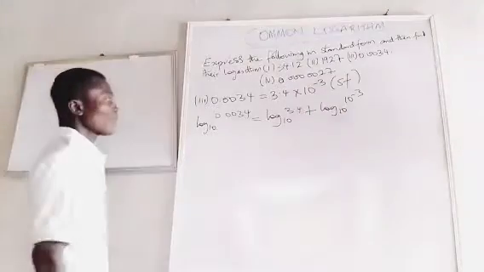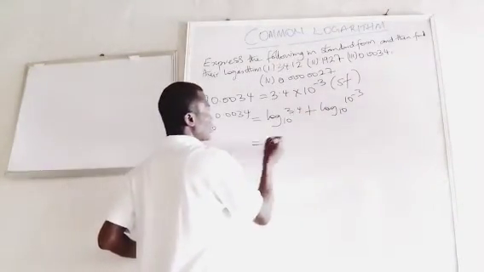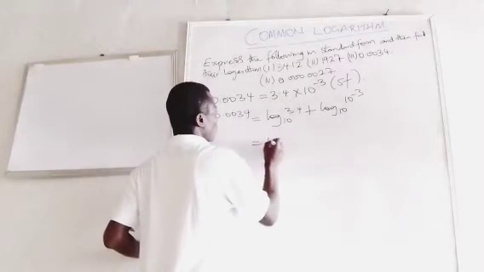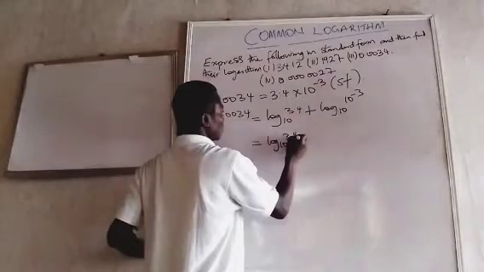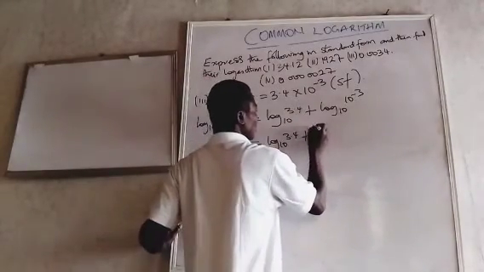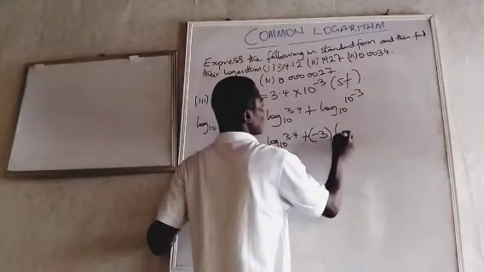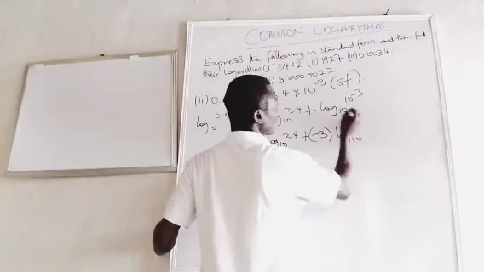From here, I can now say this one will be equal to log 3.4 base 10 plus minus 3 into log 10 base 10.